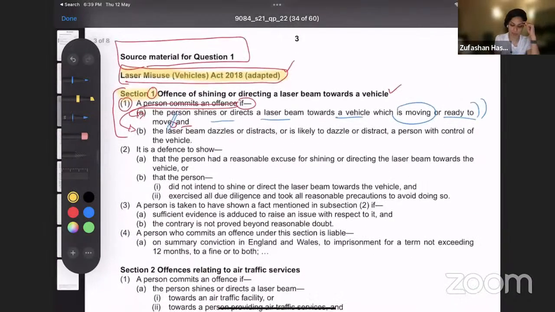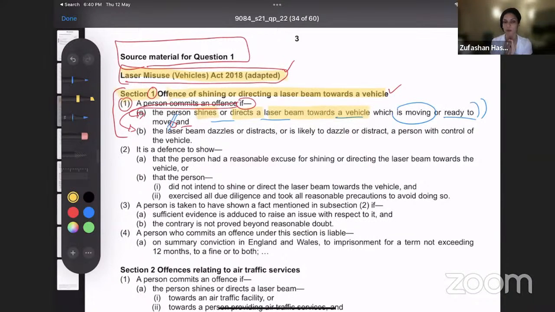The law says a person commits an offense if they shine or direct a laser beam towards a vehicle. So using that one factual scenario of Archie, we can see that he has committed the offense so far, because we know he has shined the laser beam on the vehicle. That's it. That's the entire answer.